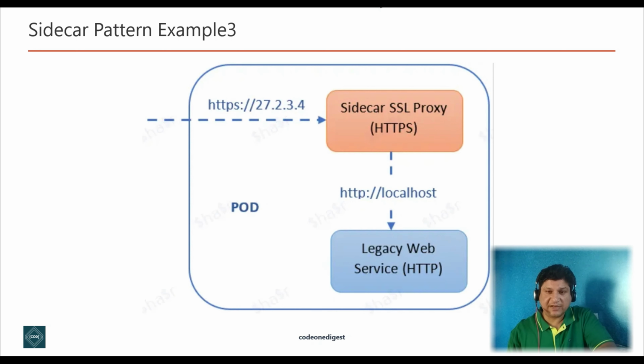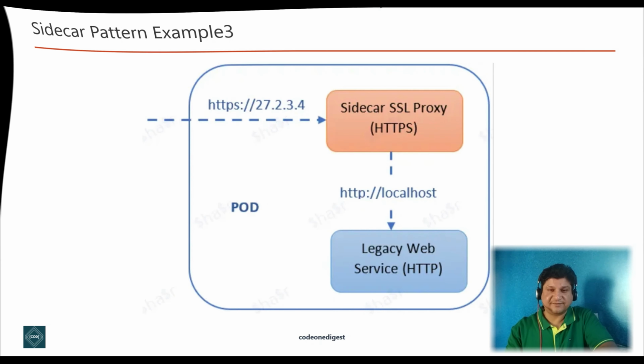In addition to the main container of the legacy application, we are now adding an Nginx sidecar container which runs in the same network namespace as the main application so that it can access the service running on localhost. At the same time, Nginx terminates the HTTPS traffic on the external IP address of the pod and delegates that traffic to the legacy application, right?